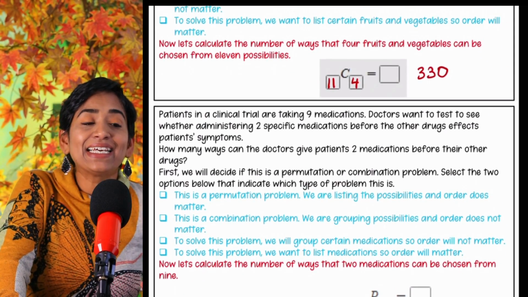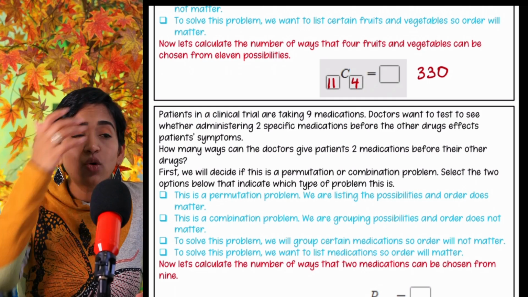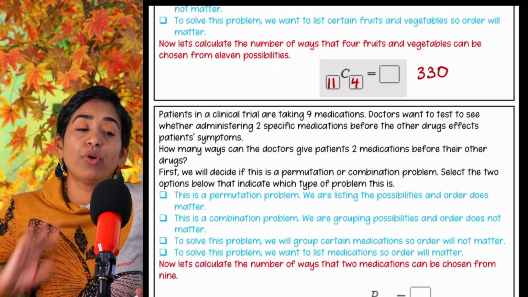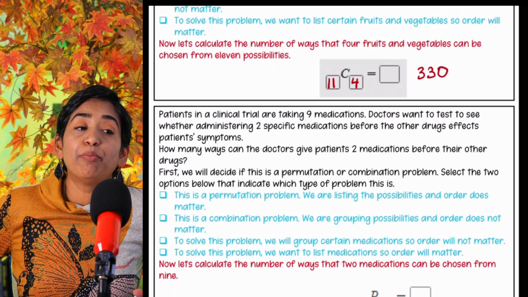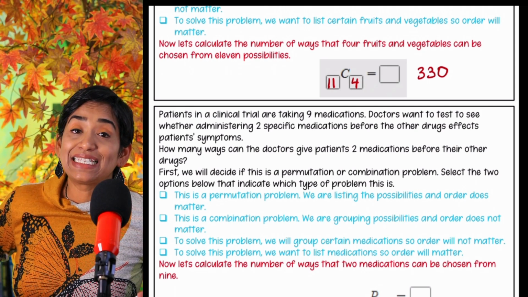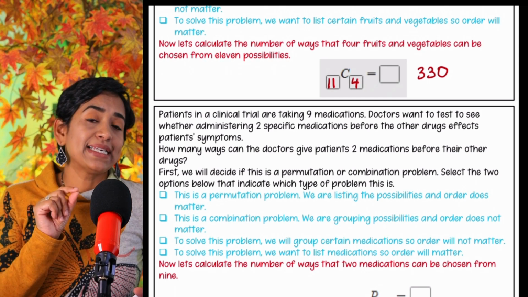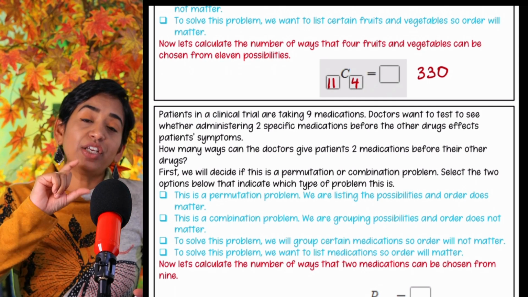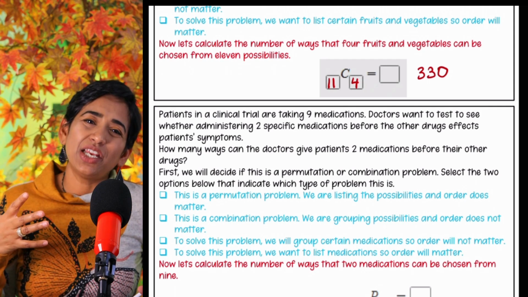Patients in a clinical trial are taking 9 medications. The doctor wants to test to see whether administering two specific medications before the other drugs affects patients' symptoms. Be very careful. You are the doctor here. You want to see if when I give these two drugs before the other drugs, does that make any difference?